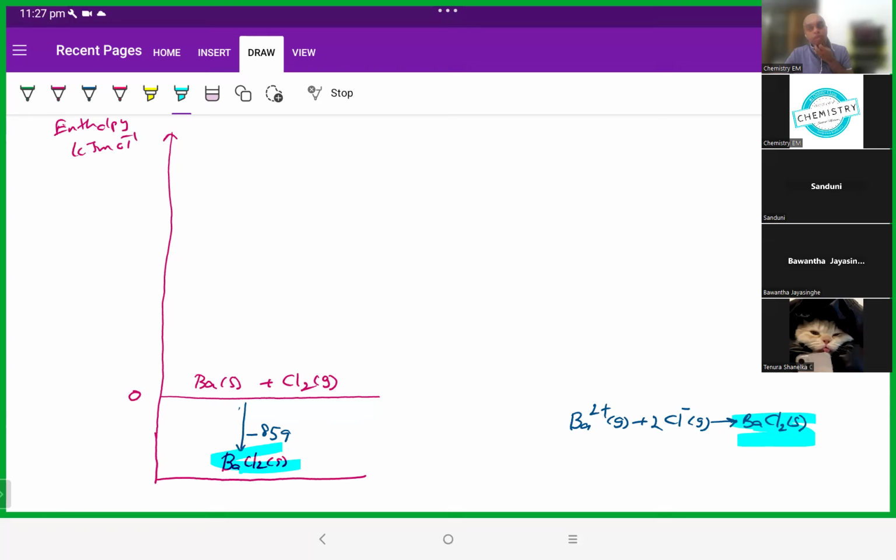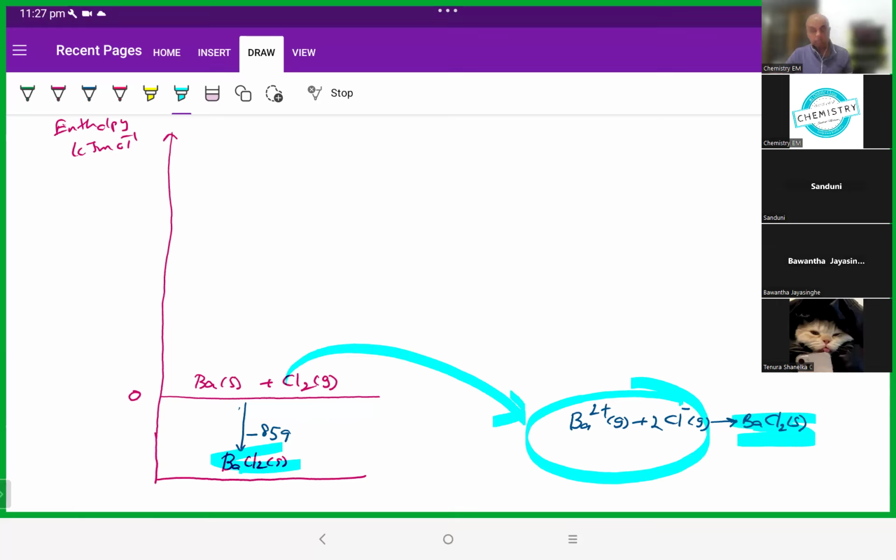So we are producing barium chloride in two ways, right? From barium and chlorine, Ba and Cl2, and from Ba2 plus and Cl minus ions. I am producing this set from this one. Let's see how to do it. Then I can connect the two ends because both of these are going towards barium chloride. This is how you form the Born-Haber cycle, right?